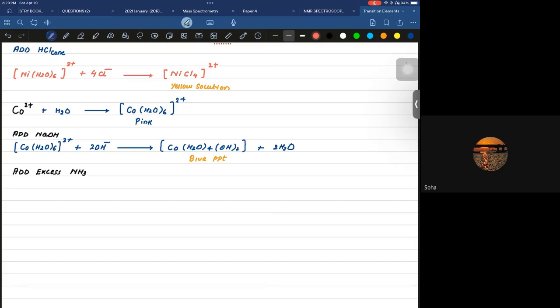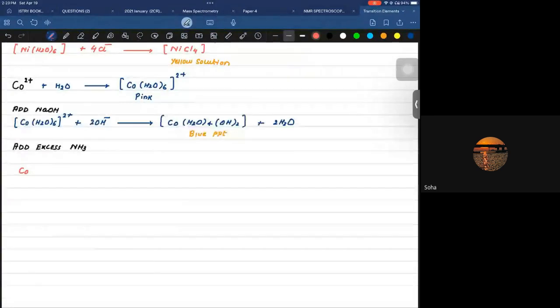Cobalt H2O 6, the overall charge is 2+, with 6 ammonia, it would be forming this.